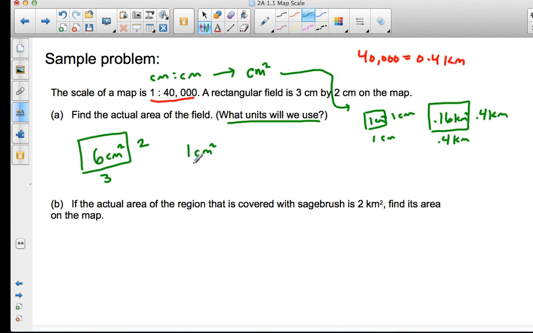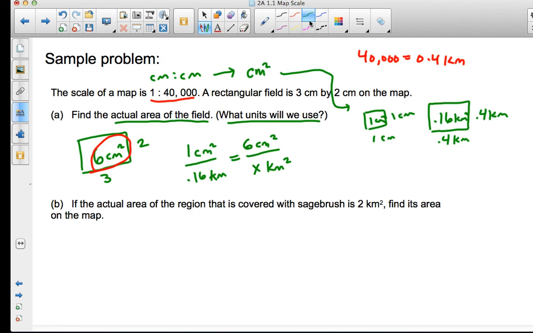So now if I know that 1 square centimeter is to 0.16 square kilometers, then now I can talk about my problem here. I know that I'm dealing with 6 square centimeters. 6 square centimeters represents how many square kilometers? That's going to be the actual area of the field. From here, I just go ahead and do the math.